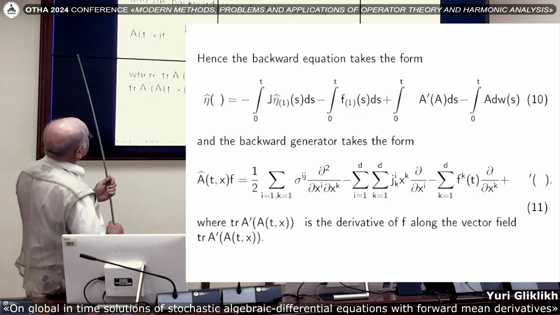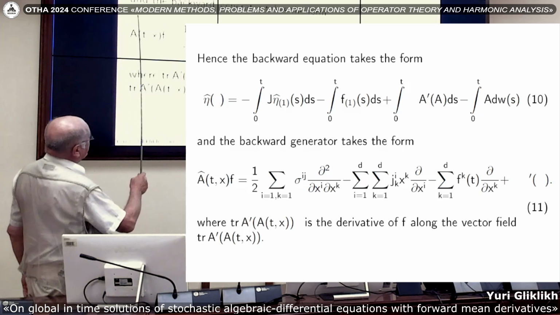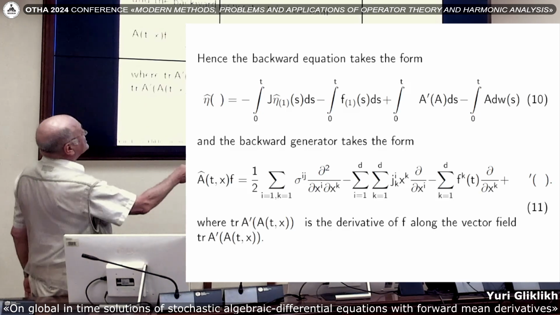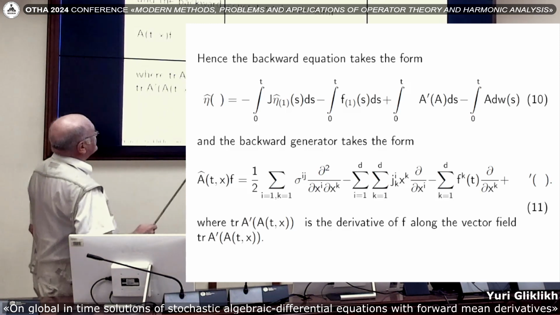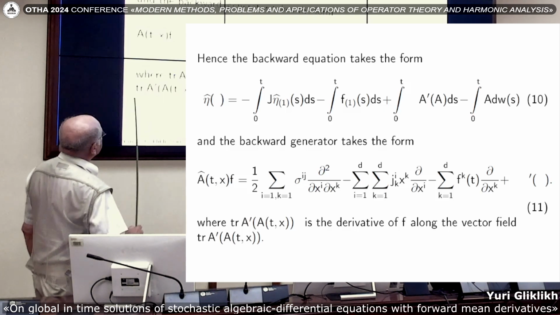The backward equation takes this form, and you can find the backward generator by this form with the same problem, where the trace is the derivative of f along the vector field, this one.